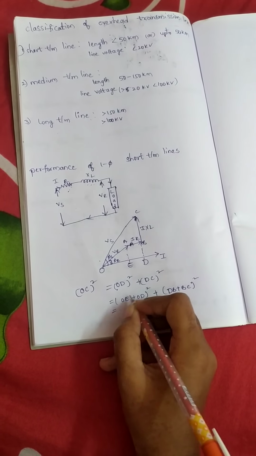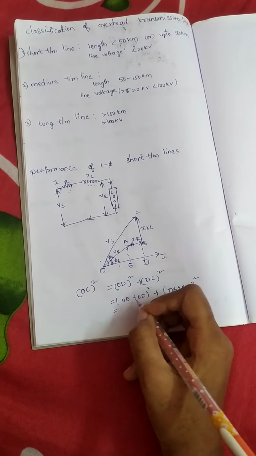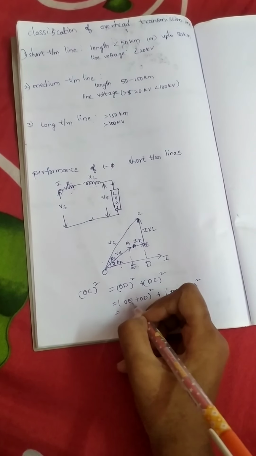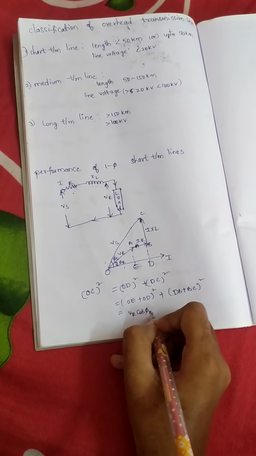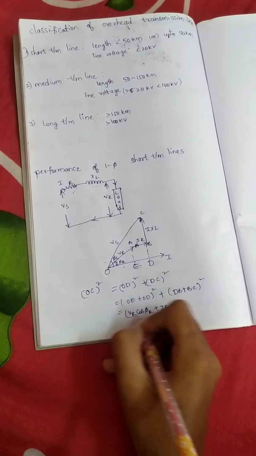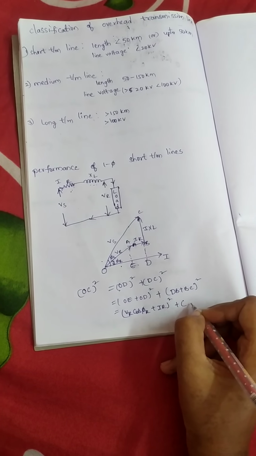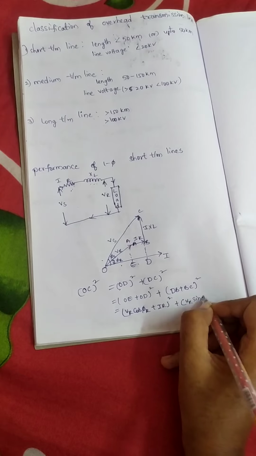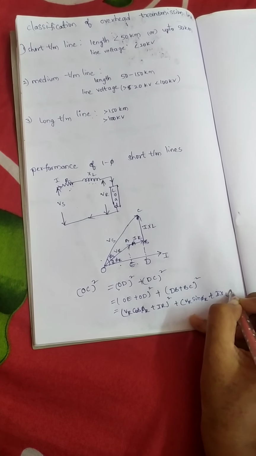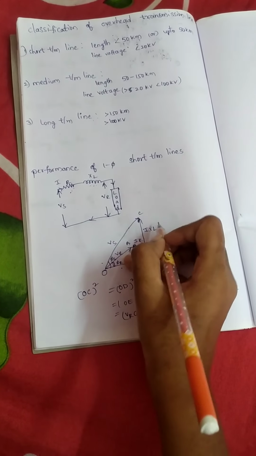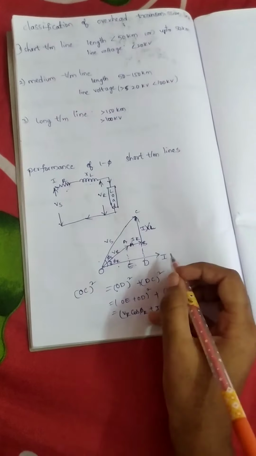And this OA will represent VR cos φr, and ED we know is IR. So OD is VR cos φr plus IR, whole square, plus similarly DB will represent VR sin φr plus IXL, whole square. Here IXL is there.